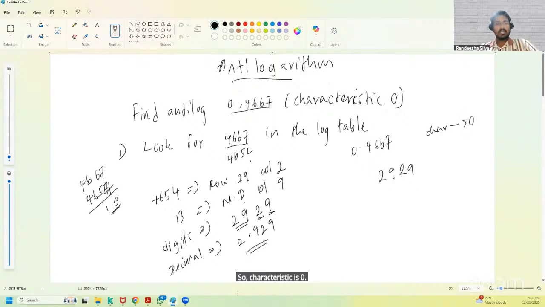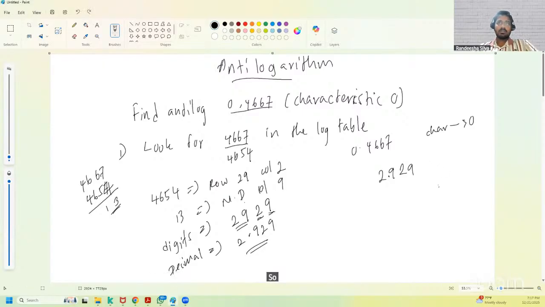So we are using the characteristic to find the number of decimal places, to decide where the decimal point goes. If the characteristic is 0, we are only having one digit before the decimal point. Think about a characteristic of 2: then the decimal point will be placed differently. You will get this idea in the next example, Kanu.